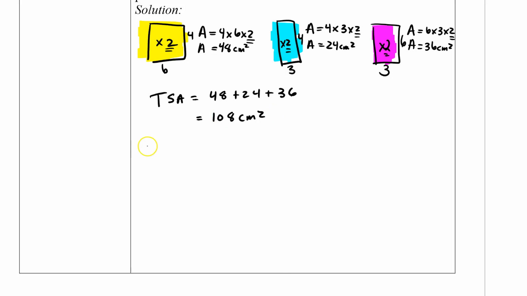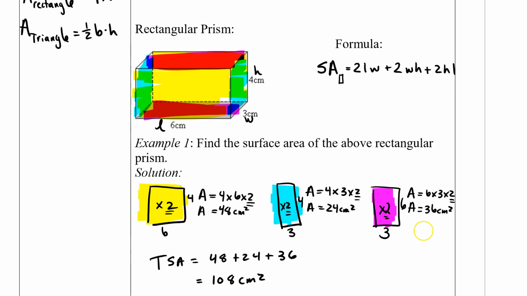So I'm going to show you the other method where we're talking about length, width, and height. If I give this right here a length, this right here the W for width, and this right here the height, the surface area of a rectangular prism is going to be 2 times length times width plus 2 times width times height plus 2 times height times length.